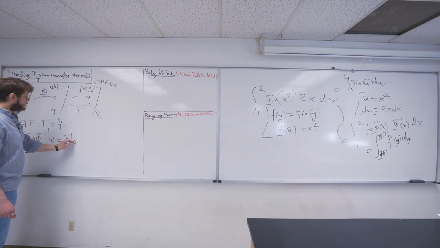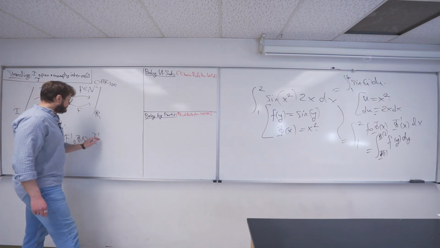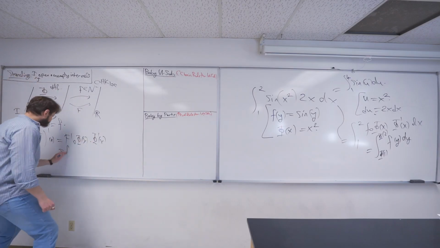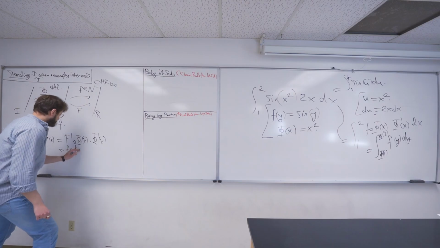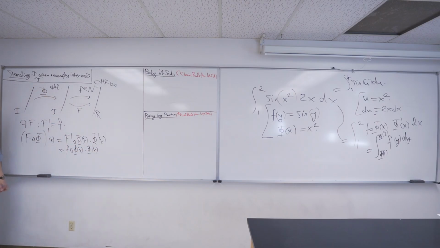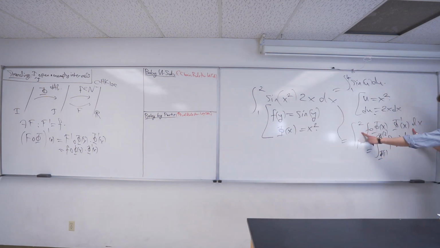This is capital F prime composed with phi times phi prime at x. But capital F prime is lowercase f. So I have this, which is exactly this side of the formula.